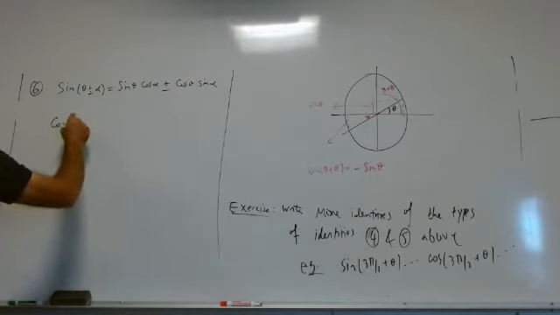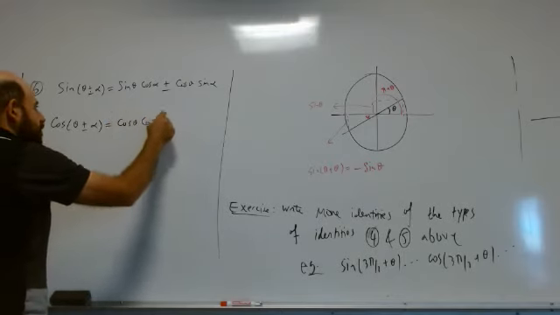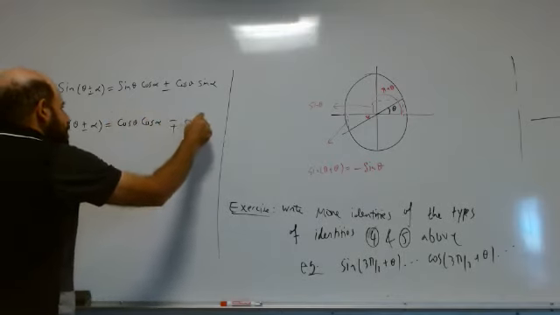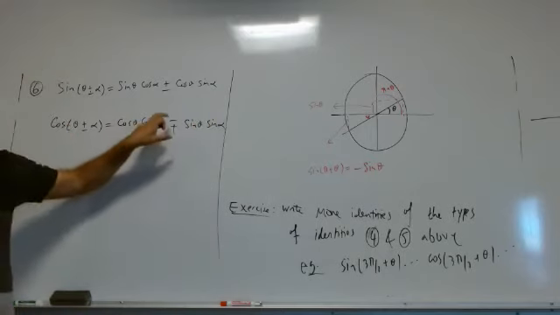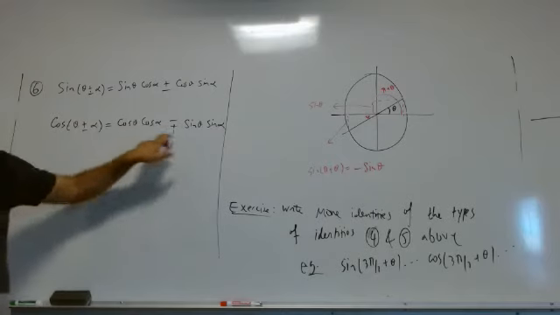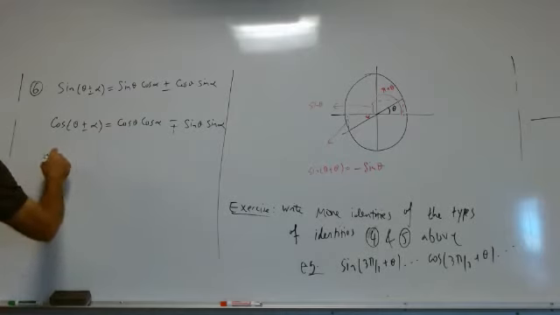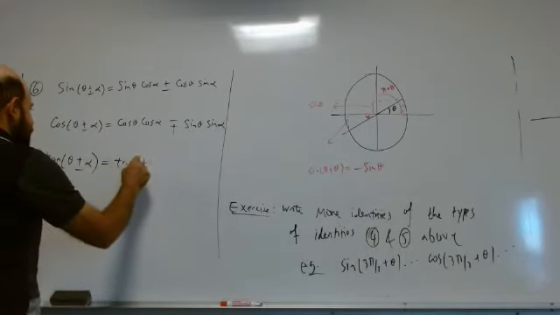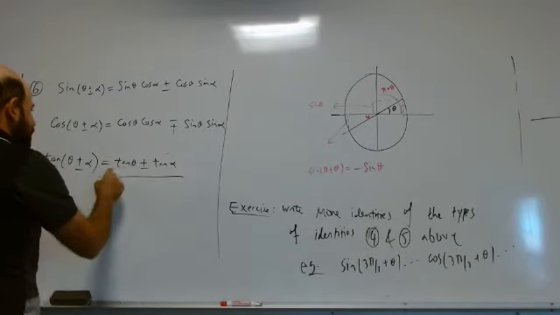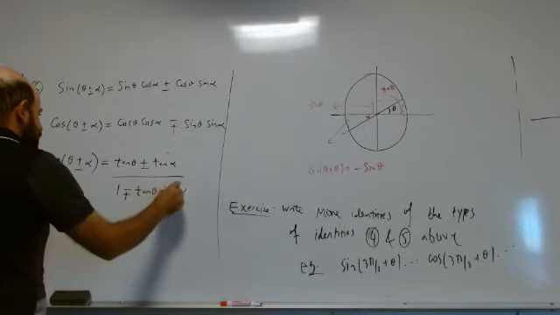And for cosine, theta plus or minus alpha is equal to cos theta cos alpha minus or plus sine theta sine alpha. Again, this means if it's plus, you have to match it with this minus. If it's minus here, you have to match it with this plus. And tan of theta plus or minus alpha is equal to tan theta plus or minus tan alpha, divided by 1 minus or plus tan theta tan alpha.